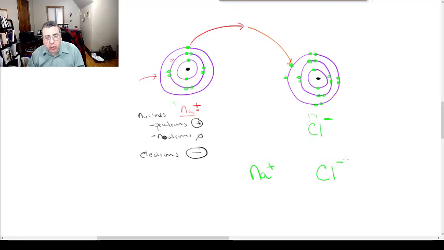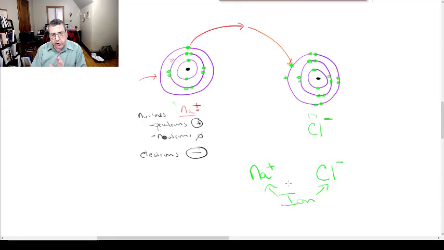That gives you what an ion is. So these are ions. Ions are when you have donated or received or accepted an additional electron. You've donated an electron or you've received it.